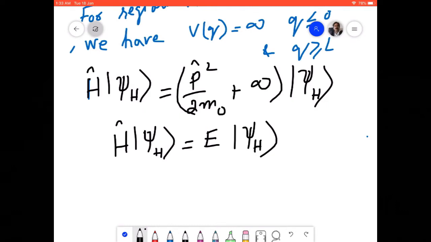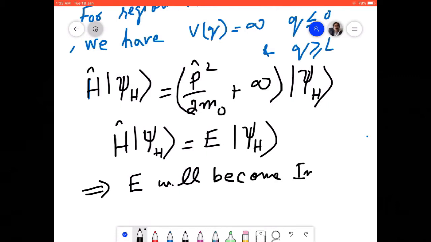So this implies that E will become infinite, and that is not possible.